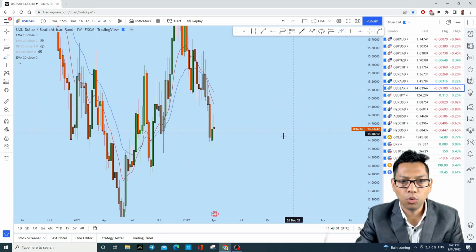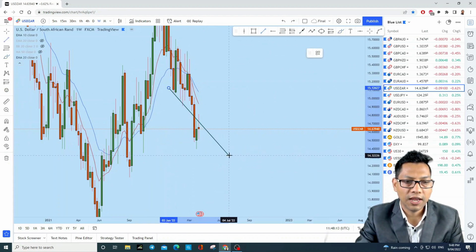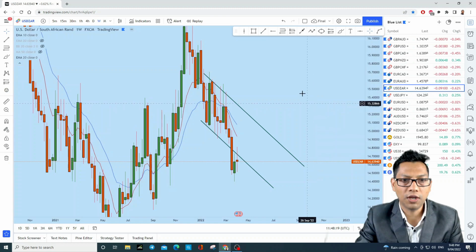Now weekly, we saw that after the first week green candle, this last week a doji formed. Now this doji basically tested, let me draw this one here. So this is the weekly chart, and you saw that a channel has been created here in this weekly time frame.